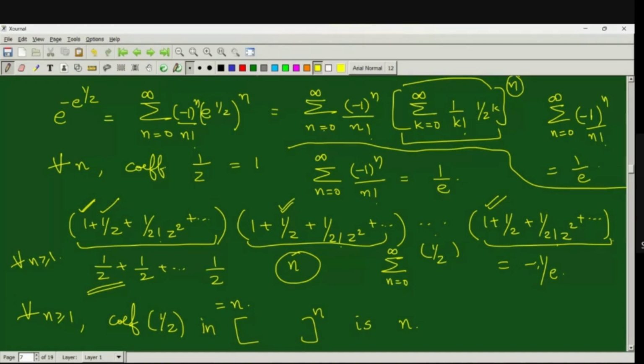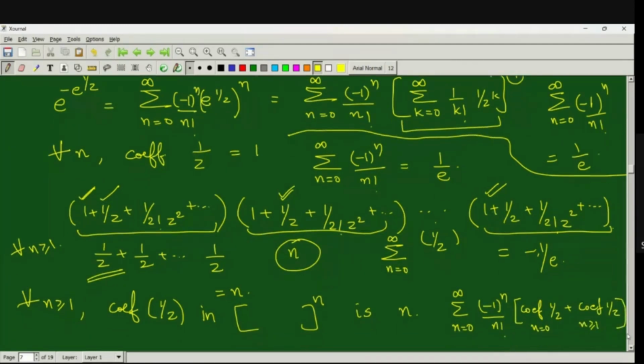Now comes the coefficient of 1 by z in the entire series. So what is the coefficient of 1 by z? This is summation n equal to 0 to infinity, minus 1 power n by n factorial, times the coefficient of 1 by z for n equal to 0, plus the coefficient of 1 by z for n bigger than or equal to 1. Got it?